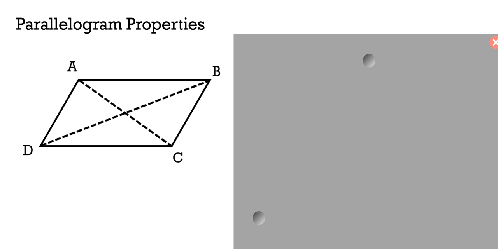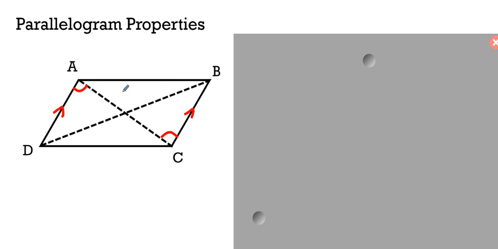One more idea in parallelogram properties here. And what we've got here are both of the diagonals in the parallelogram. And we know that AD, it's a parallelogram, is parallel to BC. So I know that this one here and this one here are congruent because these are alternate interior angles.